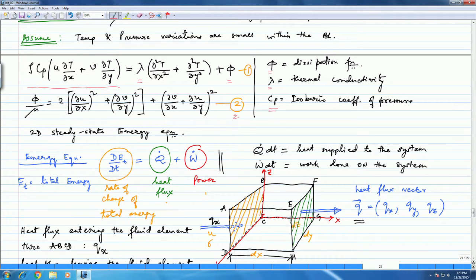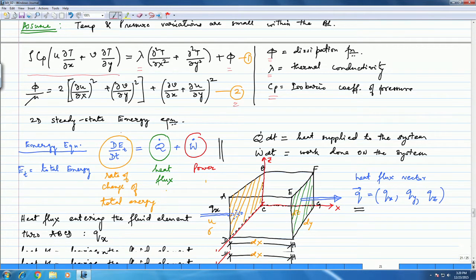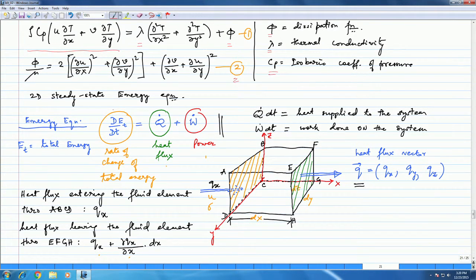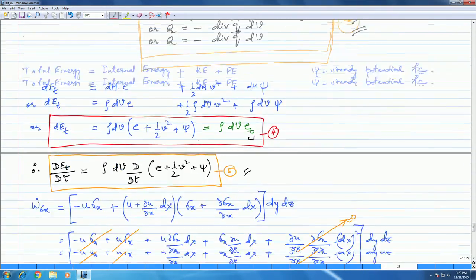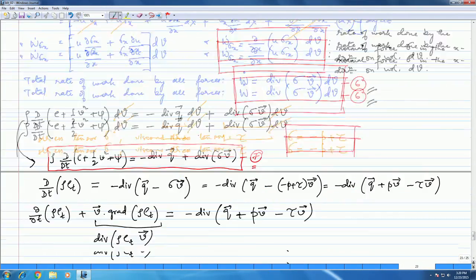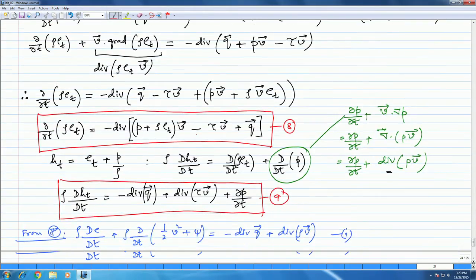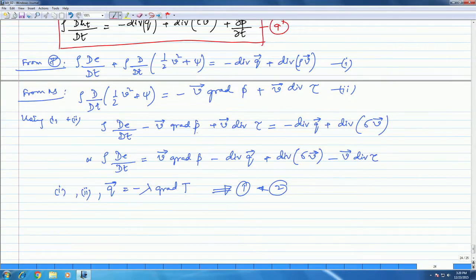We started out with the conventional energy equation, saying that rate of change of total energy is equal to heat flux plus power, and we looked at a fluid element and saw how we could get the equation. We did all these calculations and came upon this expression and this expression.